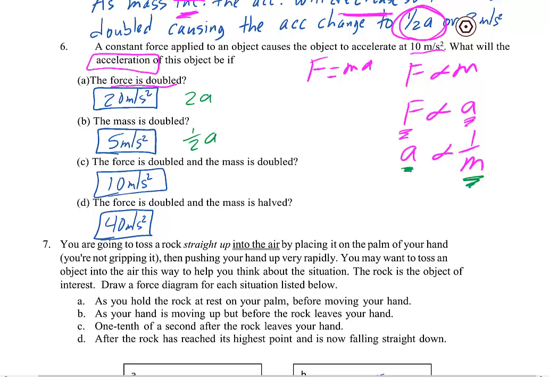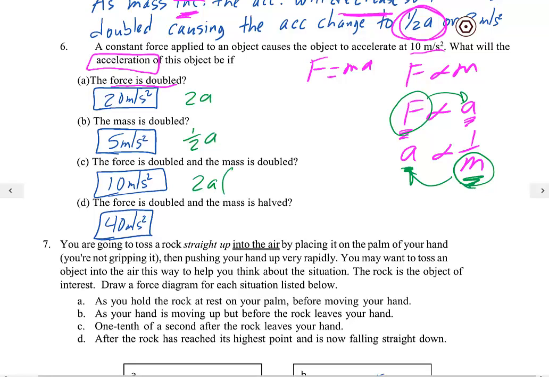So part C, the force is doubled and the mass is doubled, so that one's a little bit harder, we've got to do both. If the force is doubled, then the acceleration would be doubled. But the mass is doubled, and because it's an inverse relationship, the acceleration would be cut in half.